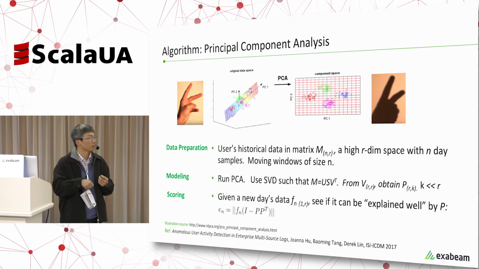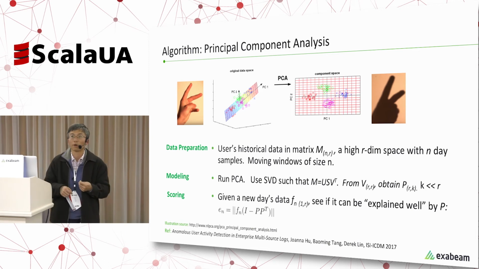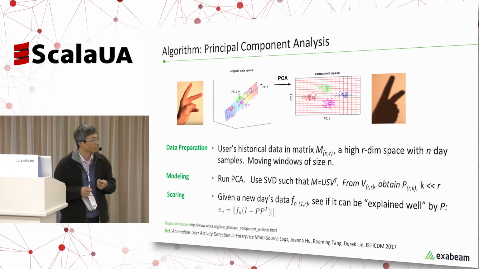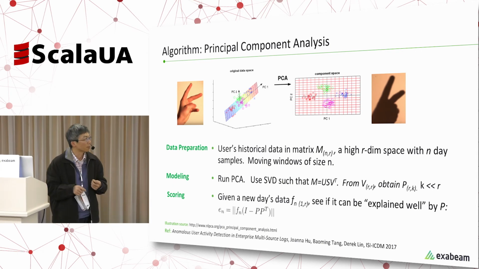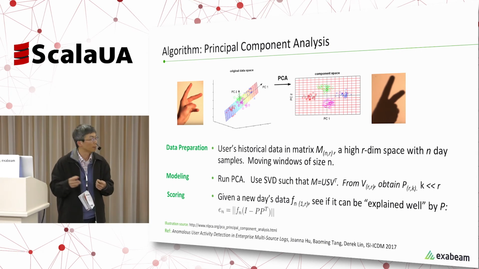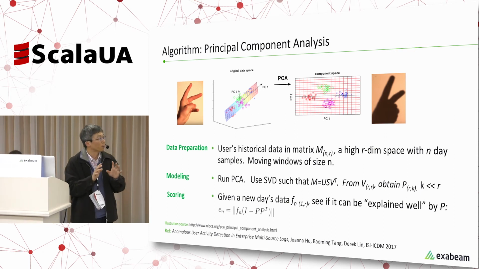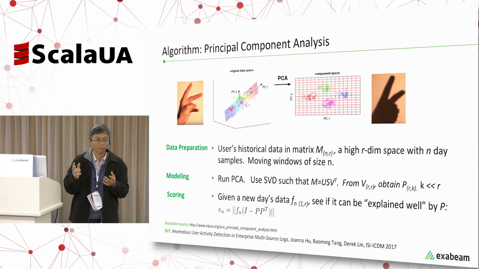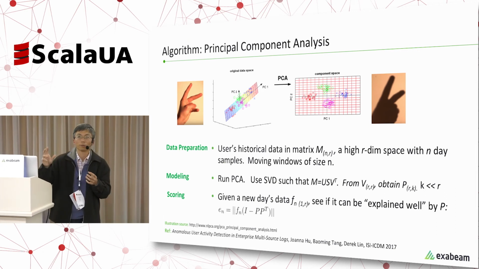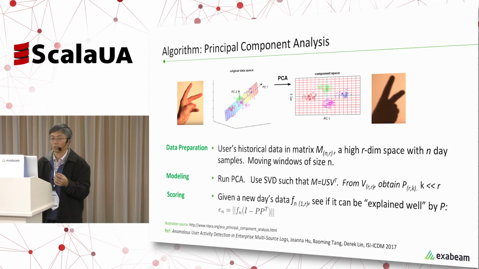To perform PCA, we use an algorithm called singular value decomposition, or SVD, so that we can decompose the matrix M, which I described earlier, into 3 matrices, U, S, and V transpose. Then from there, without going into details, we can find another matrix, P, that is a lower dimensional representation of the original matrix M.